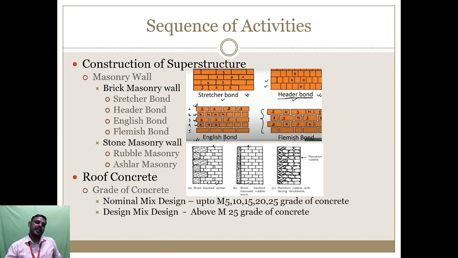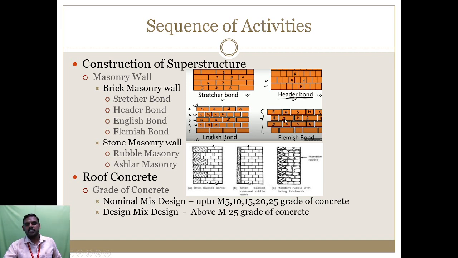In Flemish bond, header and stretcher come alternately, and the next layer also comes in a different arrangement. Stretcher, header; the next row, header, stretcher.